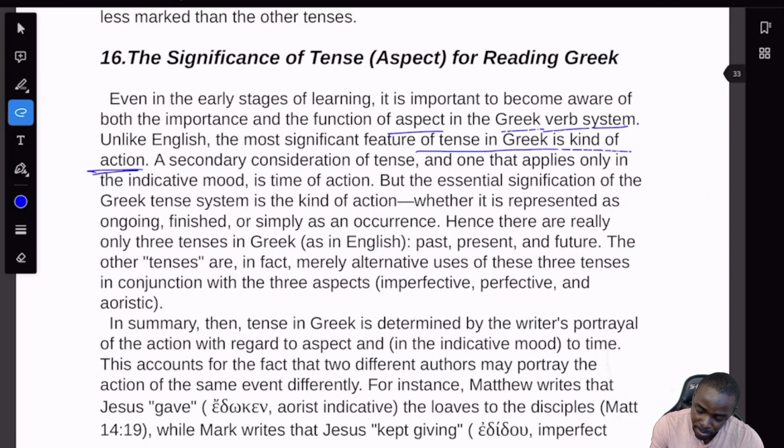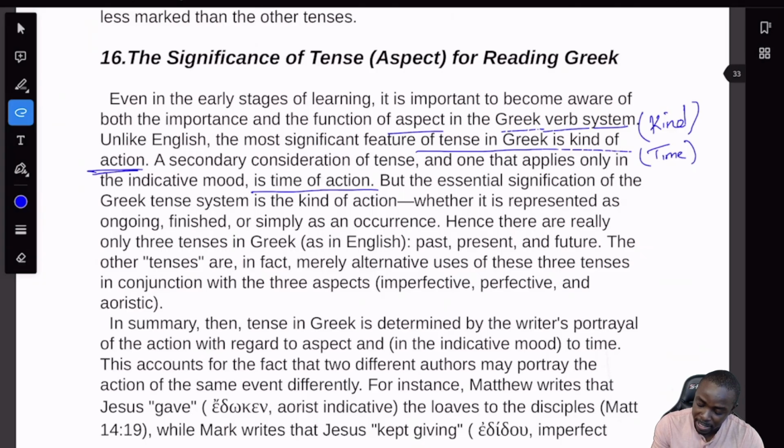A secondary consideration of tense, and one that applies only in the indicative mood, is the time of action. So two things you're introduced to here. You're introduced to the kind of action, and then you're introduced to time of action, right?